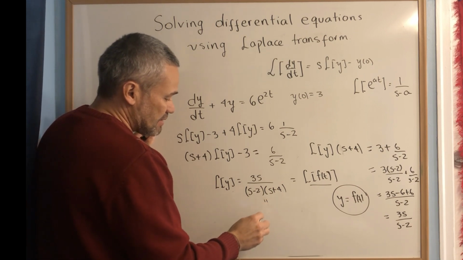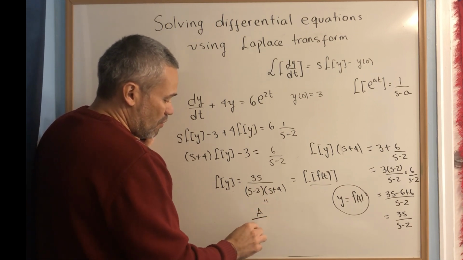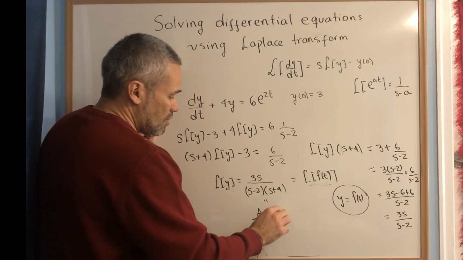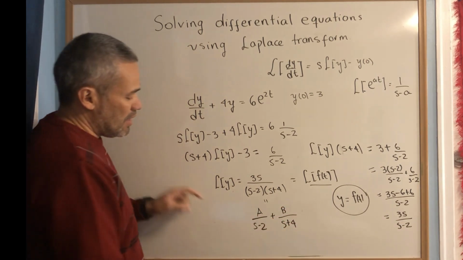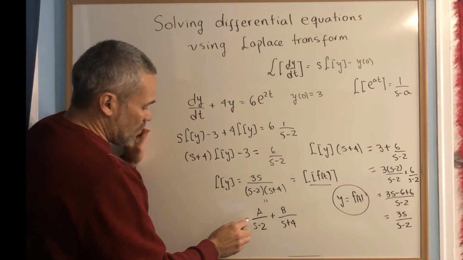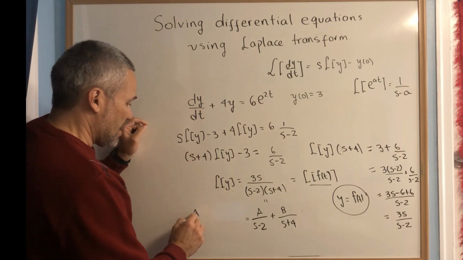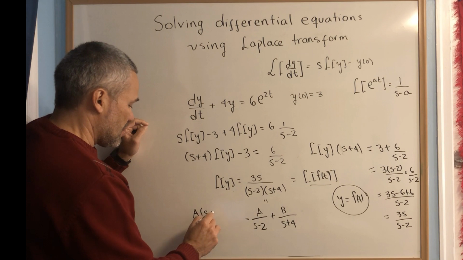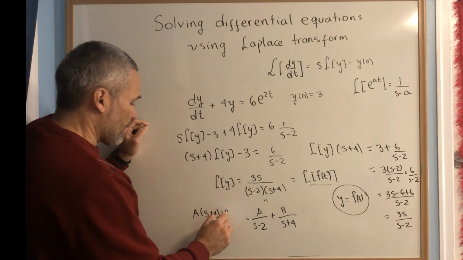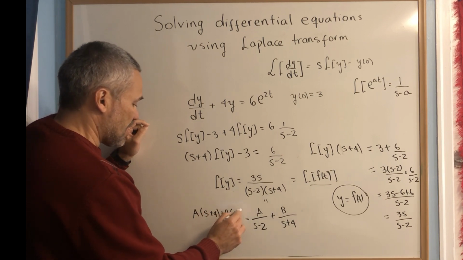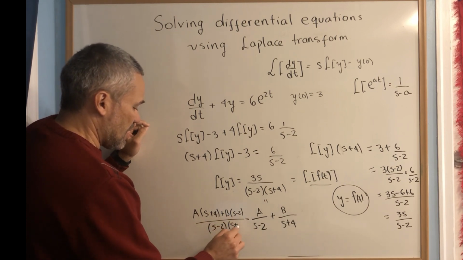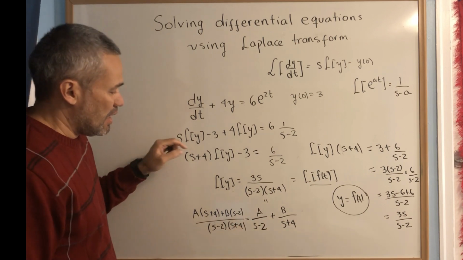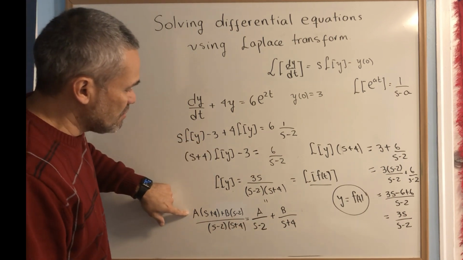We can write this as a over s minus 2 plus b over s plus 4, and then this is equal to a times s plus 4 plus b times s minus 2 over s minus 2 times s plus 4. And then we can compare this numerator.